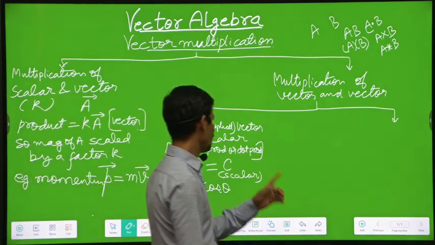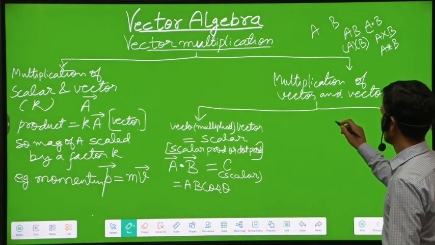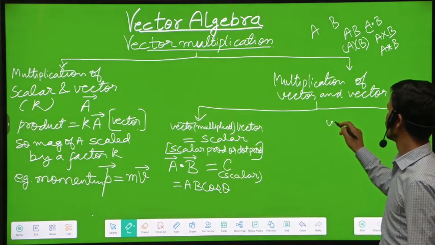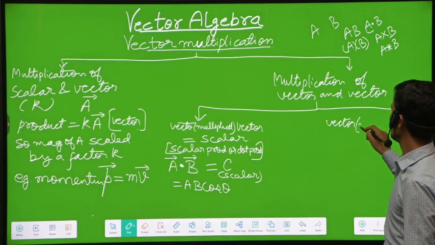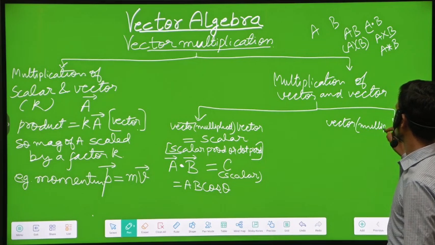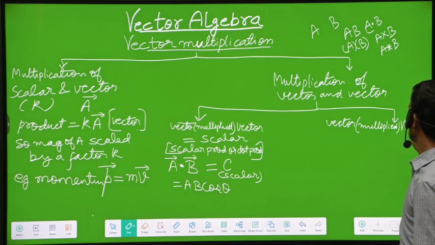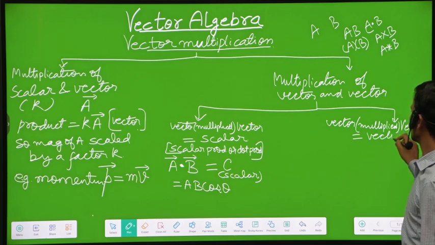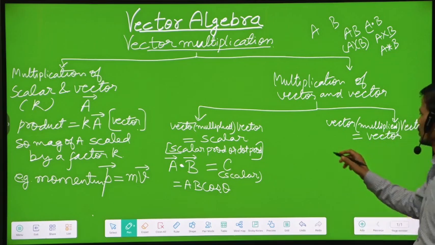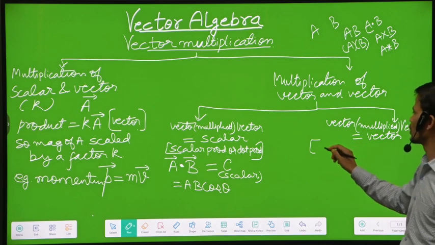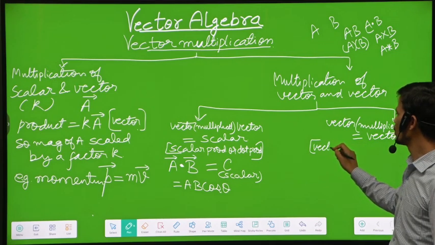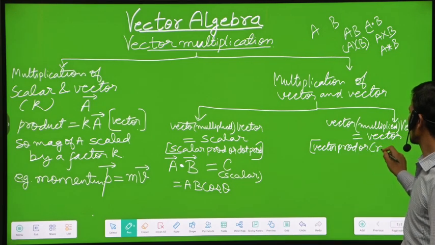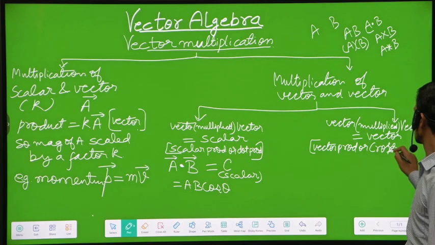Okay, now if we talk about vector multiplied by vector, and if answer is also a vector, then such type of product is called vector product or cross product. Cross.